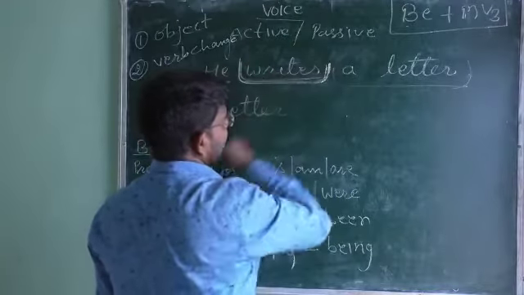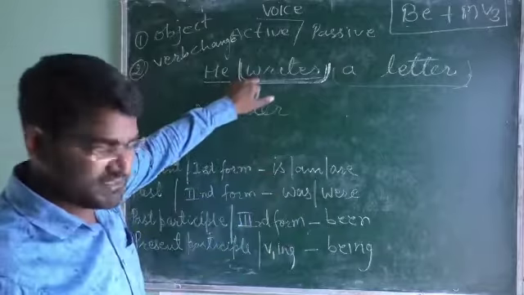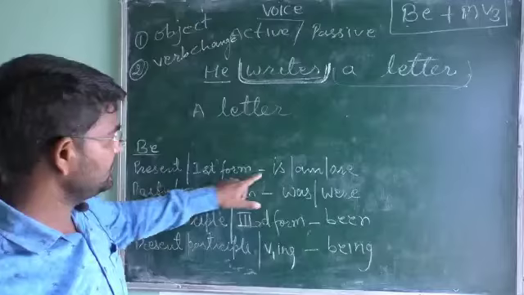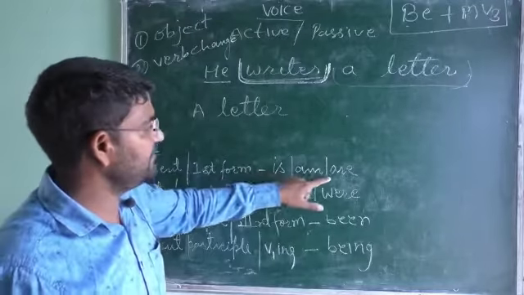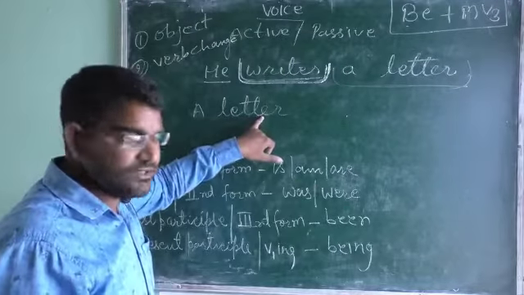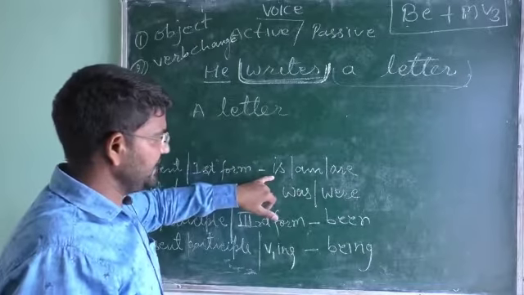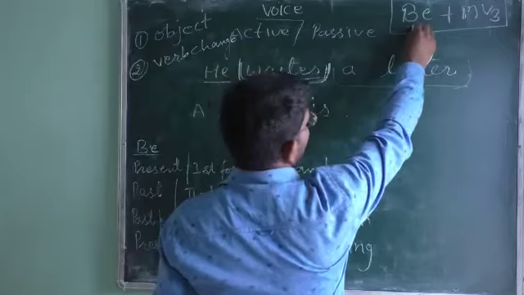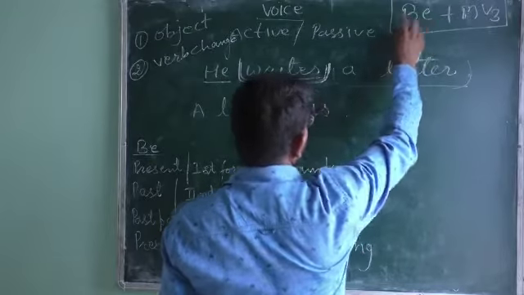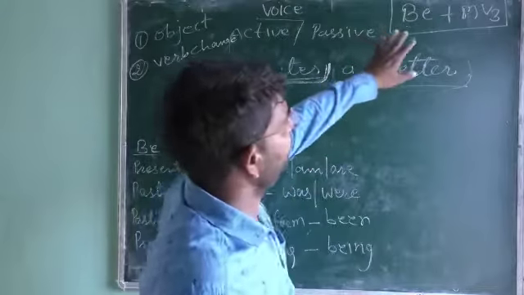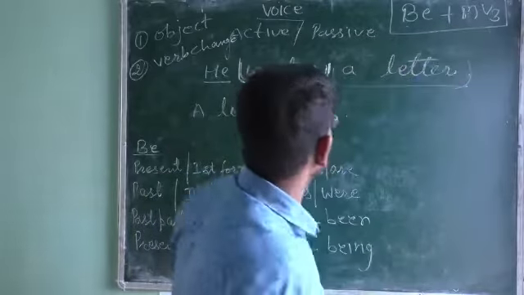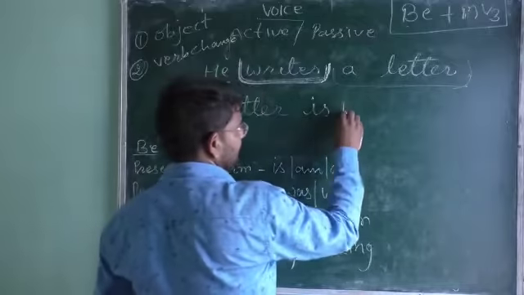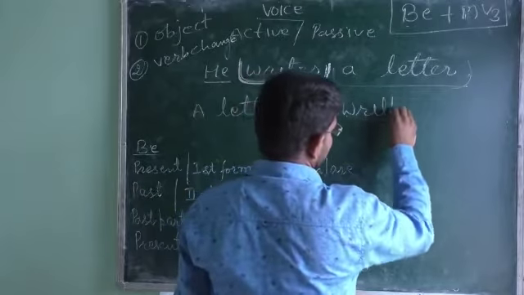Here this is present form, am, are, and a singular subject takes is. After that comes the third form of the main verb. This is the first form, write, and the third form is written.